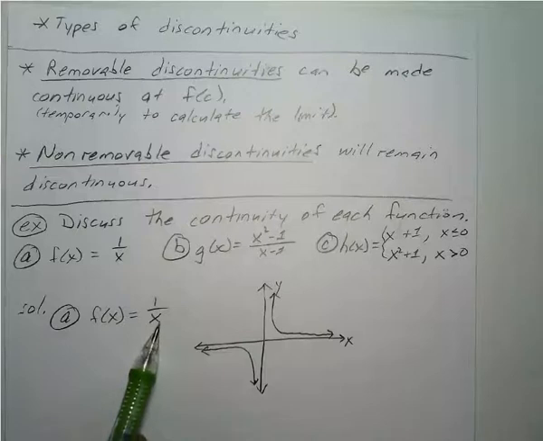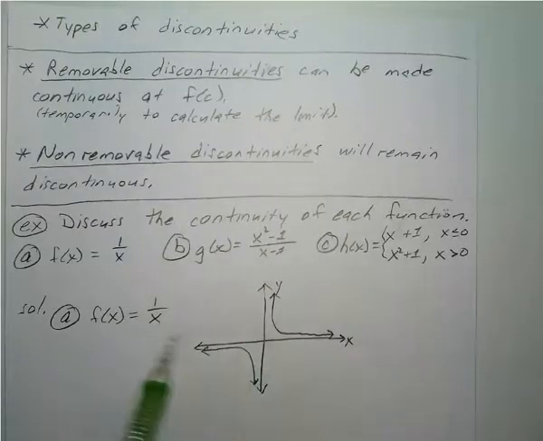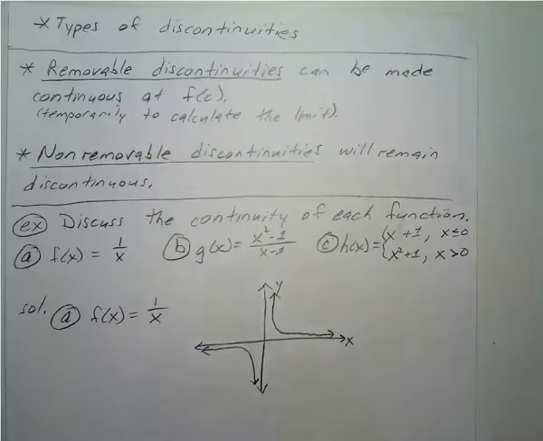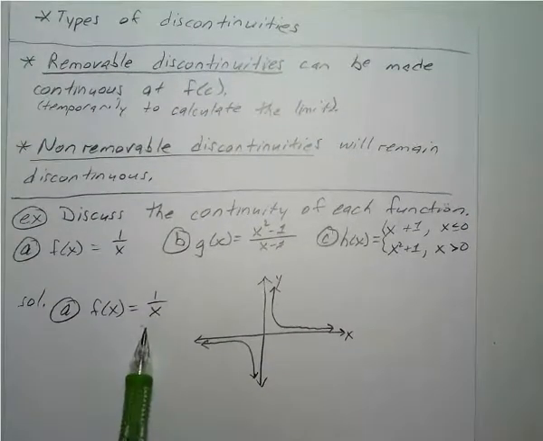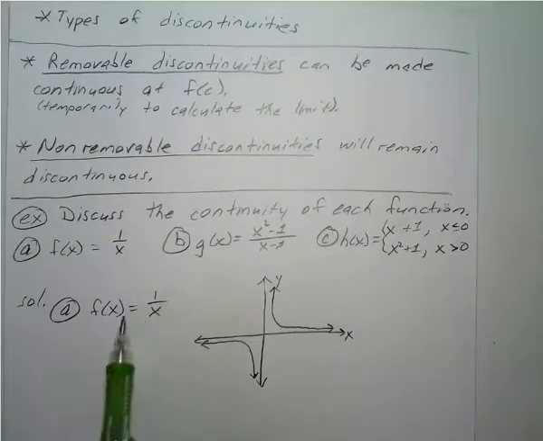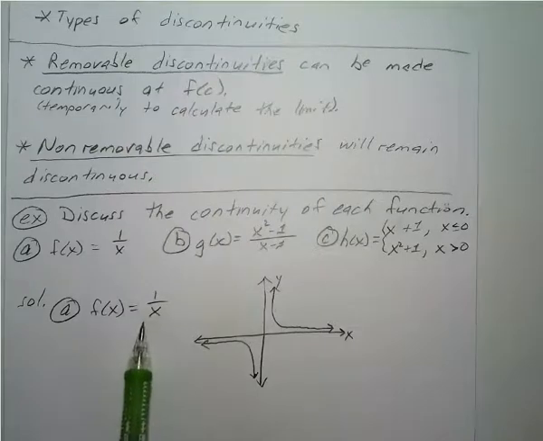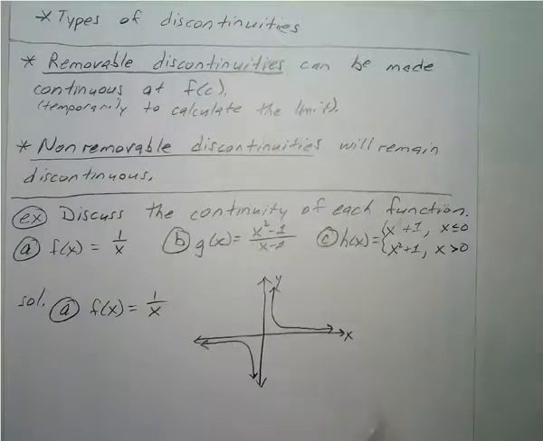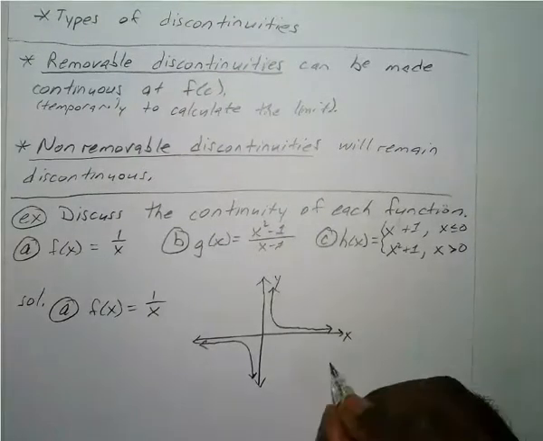So if we replace x with a value, it'll look like this. If we replace it with a negative value, it'll look like this. Okay. Now there's no way we can maneuver or manipulate this function to somehow, even temporarily, make it continuous to find the limit. So this is what we would call a non-removable.